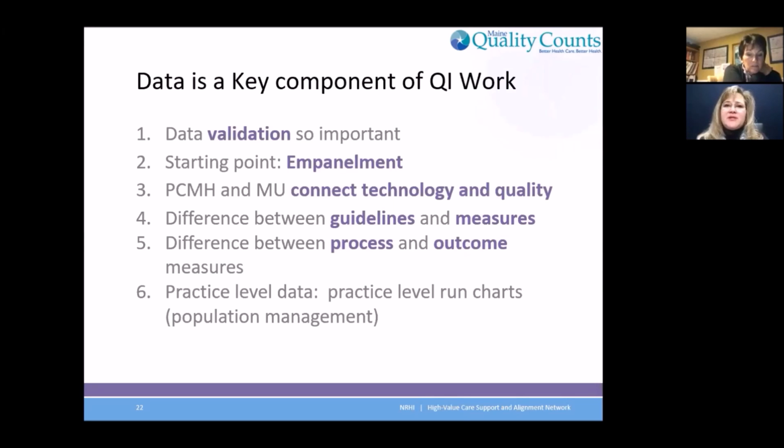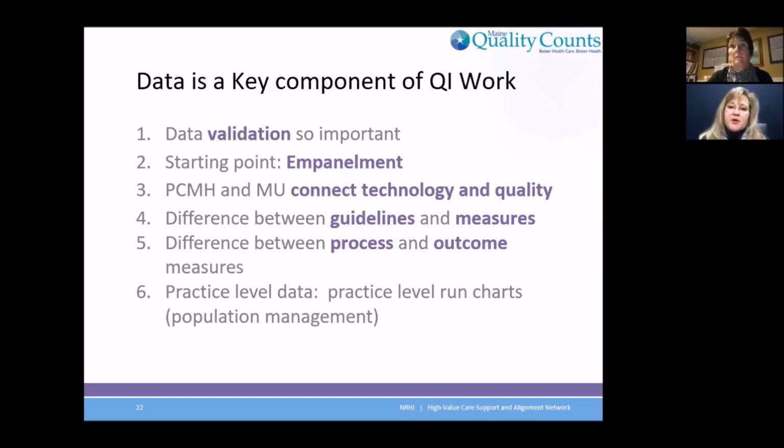So really important to take that time, like I talked about before, in setting up whatever QI project you're doing. I have just found that to be invaluable: make sure you're pulling it the way you want, your EHR is working the way that you want it to work, you're identifying that patient population that you want to work with, and that the EHR is pulling it correctly.